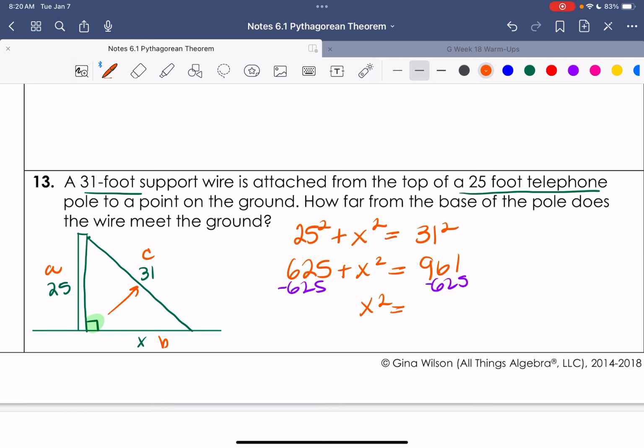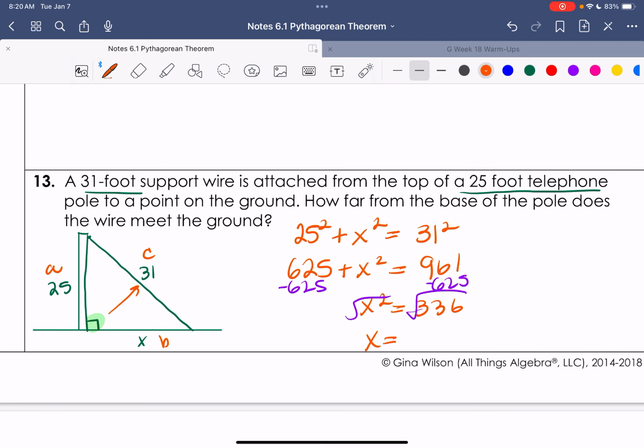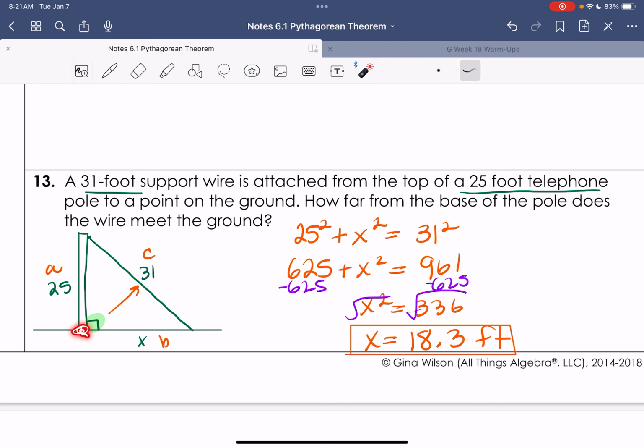X squared equals 336. Then we square root. And X equals 18.3. And this one was also measuring in feet. So the base of the pole and then where the wire meets the ground, that right there is 18 feet.